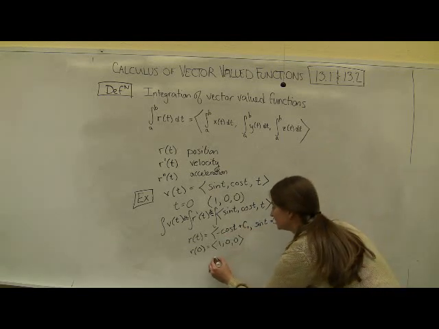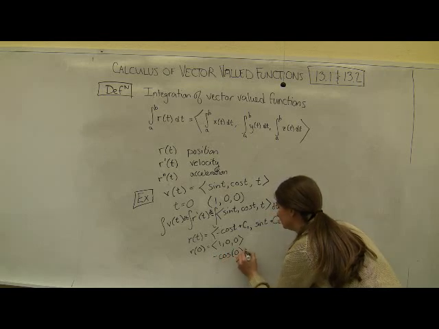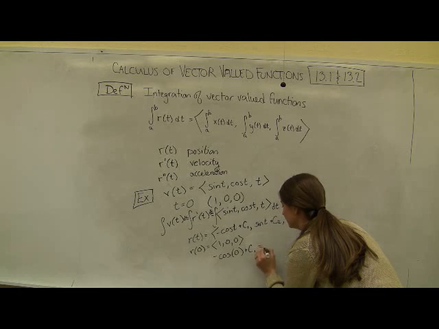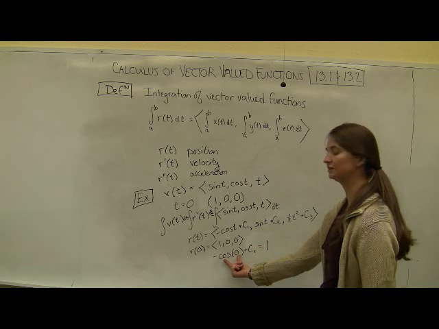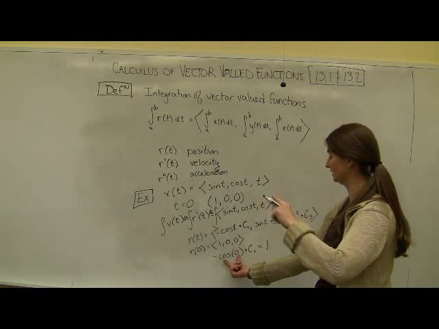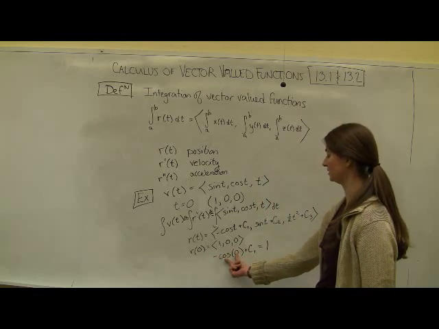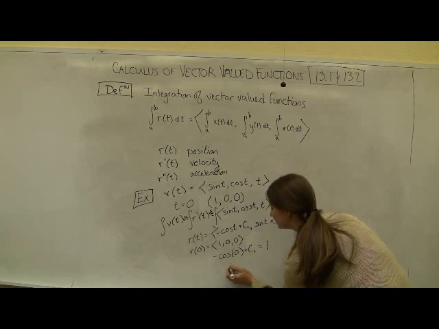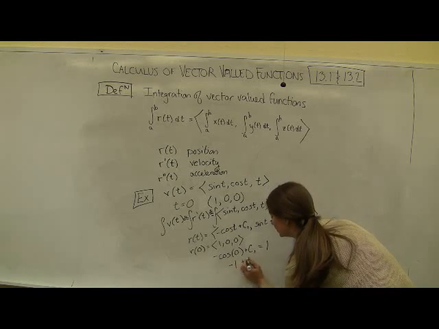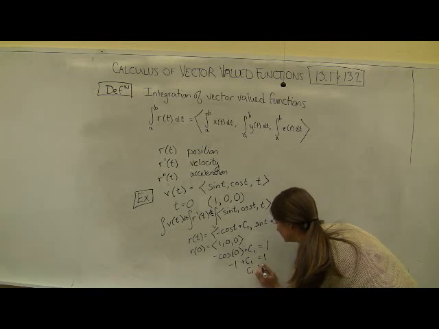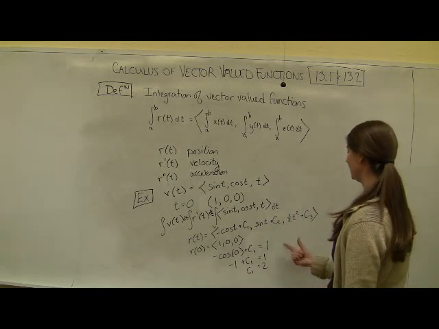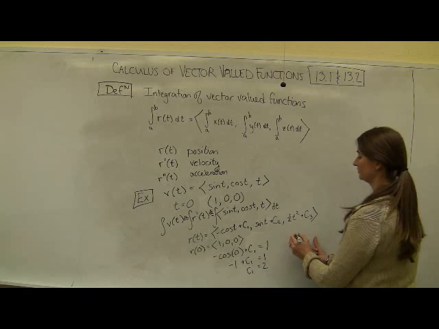So I end up with negative cosine of 0 plus my first constant has to equal 1. Well, the cosine of 0 is 1, so the negative cosine of 0 is negative 1, and this tells me that negative 1 plus c1 equals 1, or my first constant is equal to 2. I do that again for the y component function.